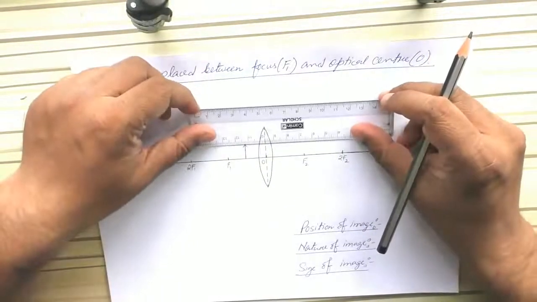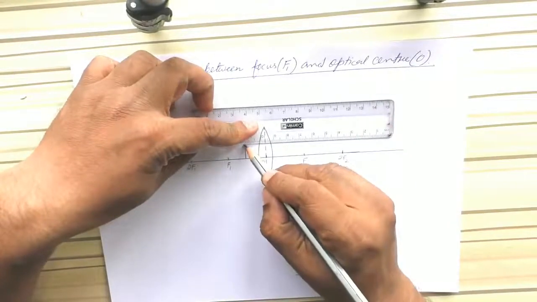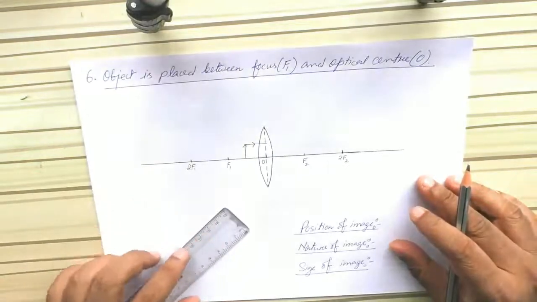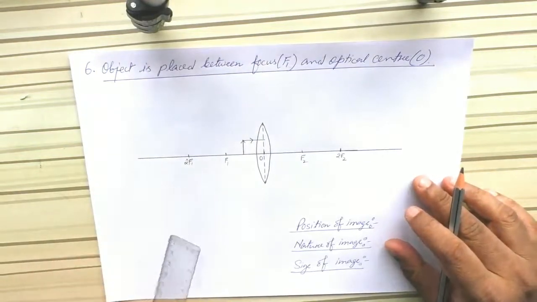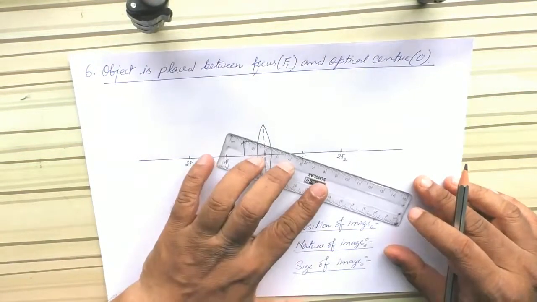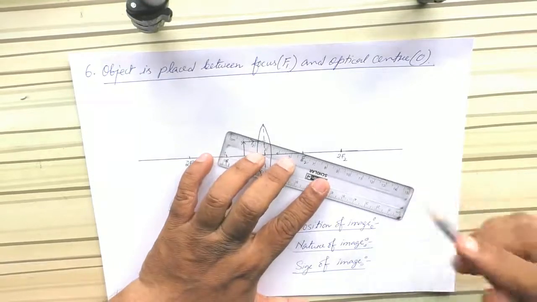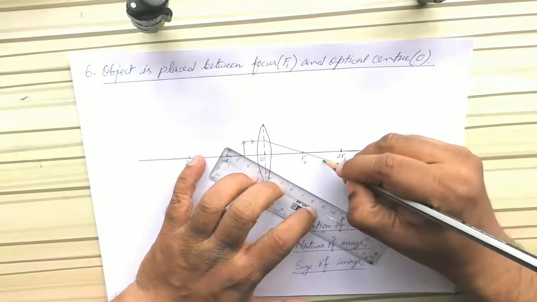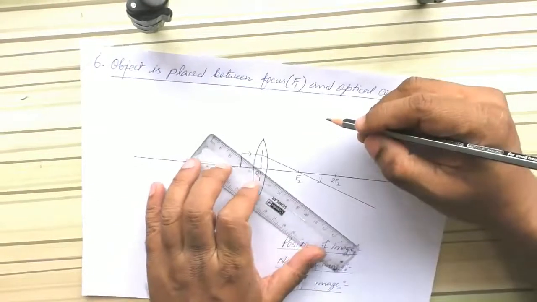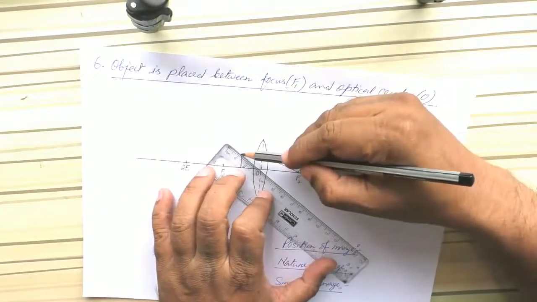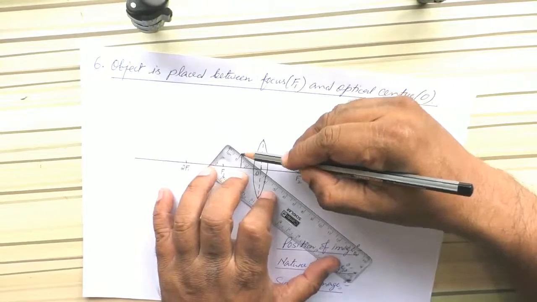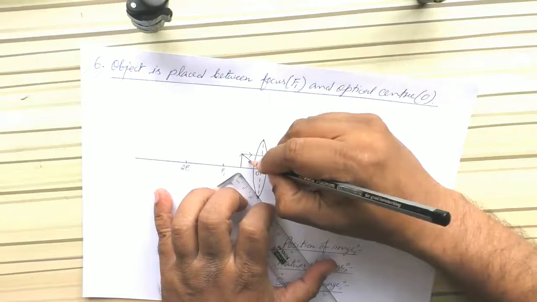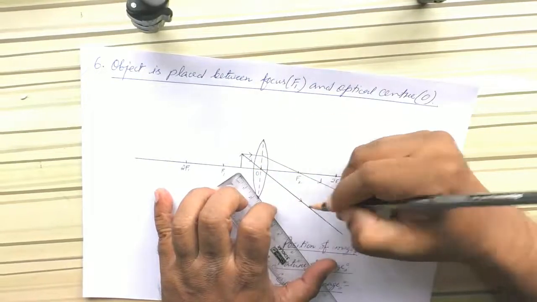A ray of light is considered parallel to the principal axis. If a ray of light is incident parallel to the principal axis, we know according to the rule this light ray will pass through focus. And if a ray of light is incident and passes through optical center, it passes straight without any deviation.